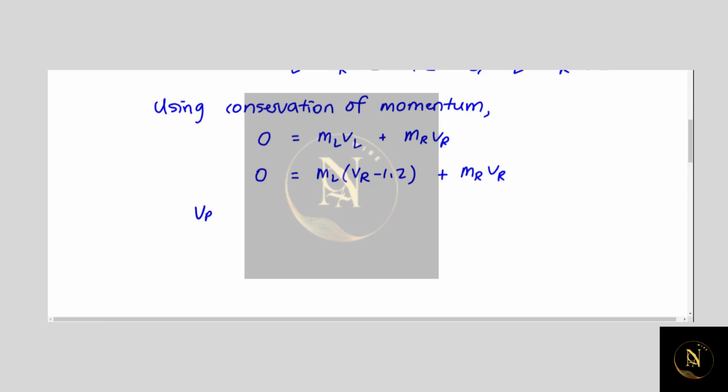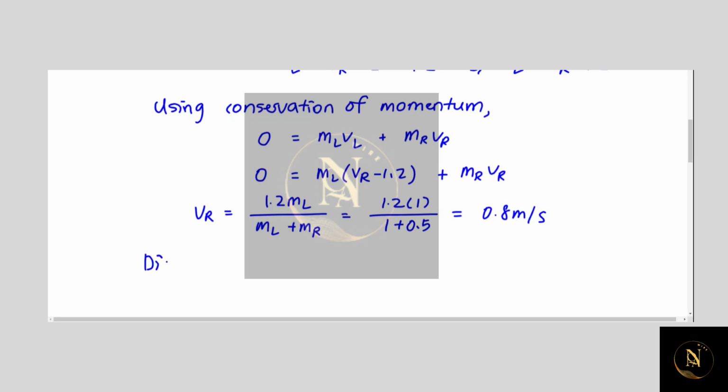So VR is 1.2 ml divided by (ml plus mr). You can put in the numbers and you get 0.8 meters per second.